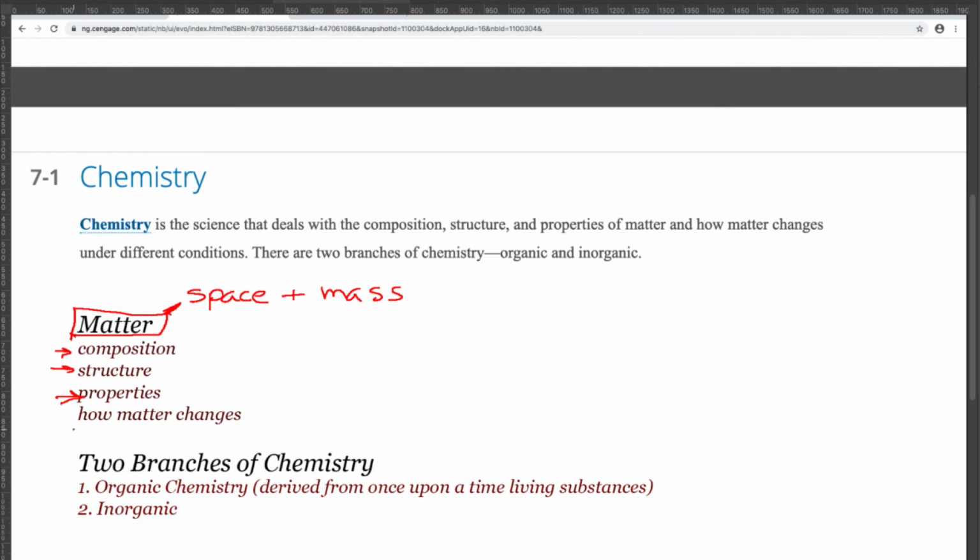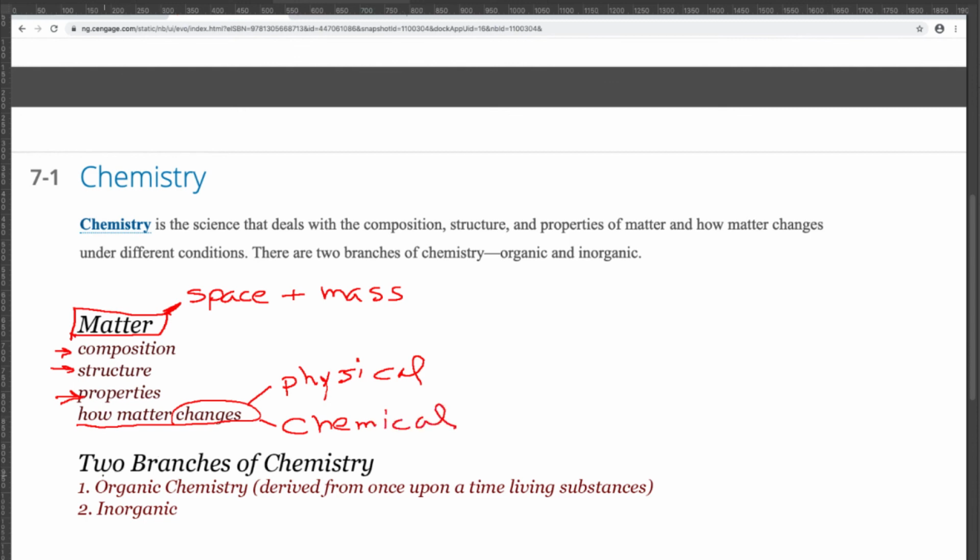And then another aspect is to take a look at how matter changes. So types of changes, and we did talk about two types of changes. One is physical. The other one is chemical.